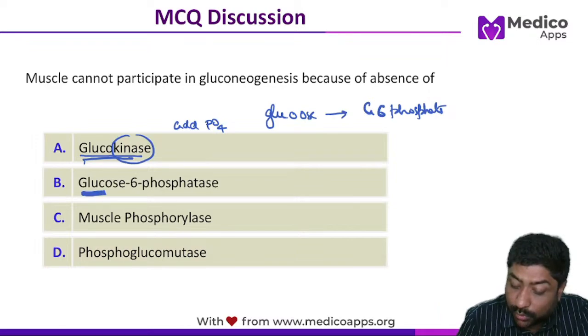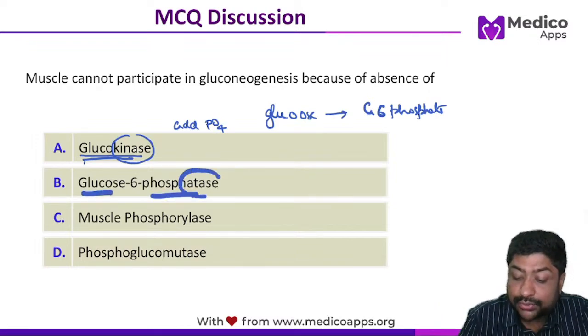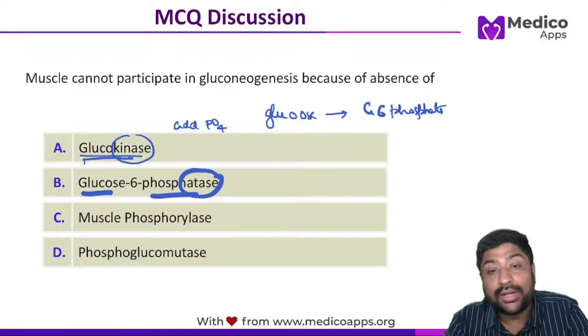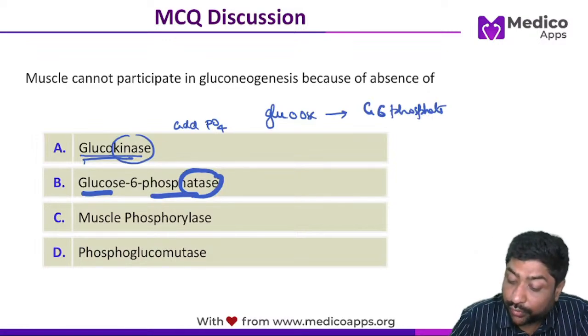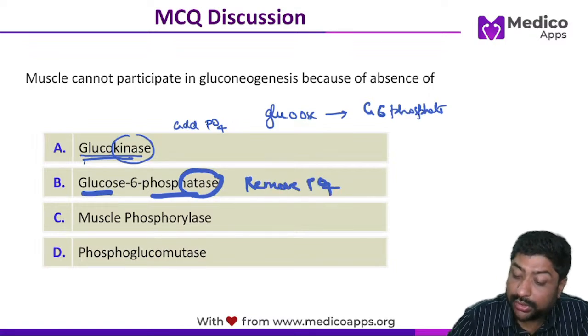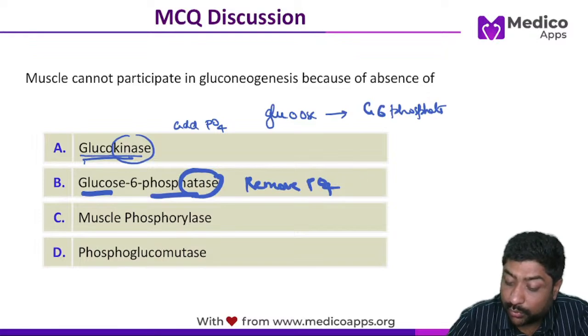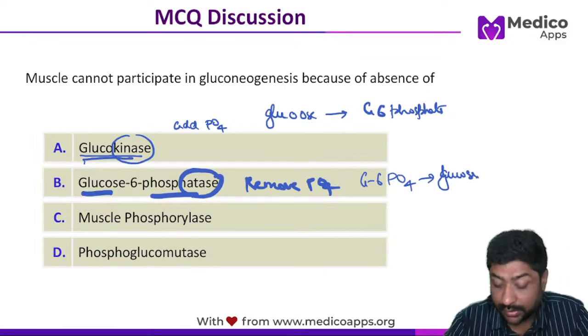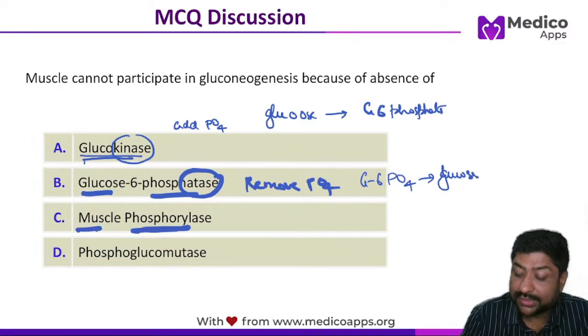Let's look at glucose 6 phosphatase. What does phosphatase do? Phosphatase will remove phosphate, so it will do the opposite: it will convert glucose 6 phosphate to glucose. Any doubt? What is muscle phosphorylase?